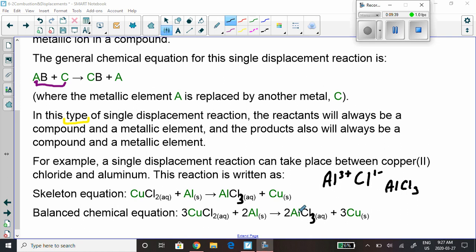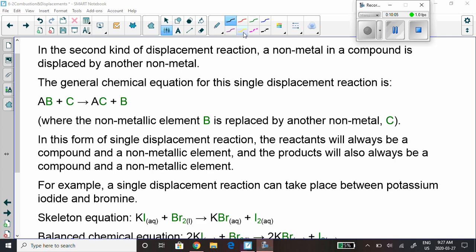Take a look at that and see if that's balanced. It should be. So we fixed a little error here. Let's wrap up the whole idea of single displacement, the first type. A metal boots out another metal, takes its place in the ionic compound. The metal, in this case copper, that was part of the ionic compound is now all by itself as an element.